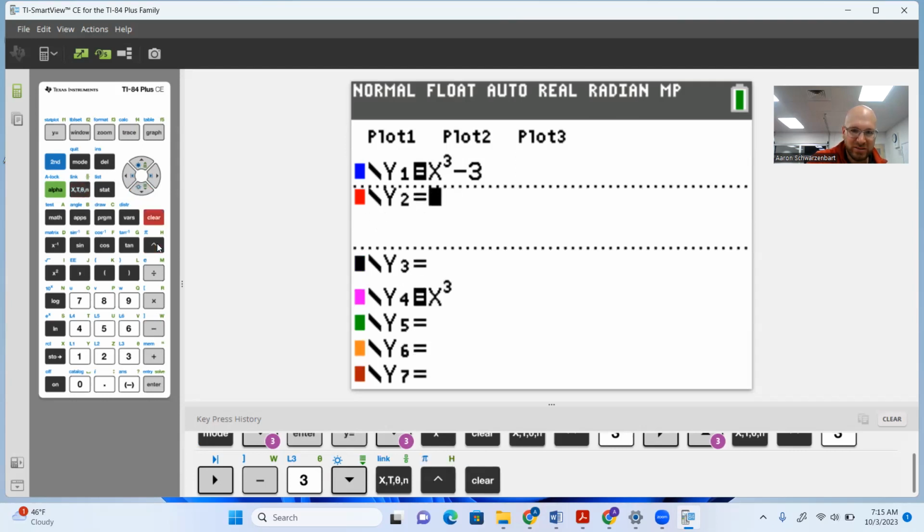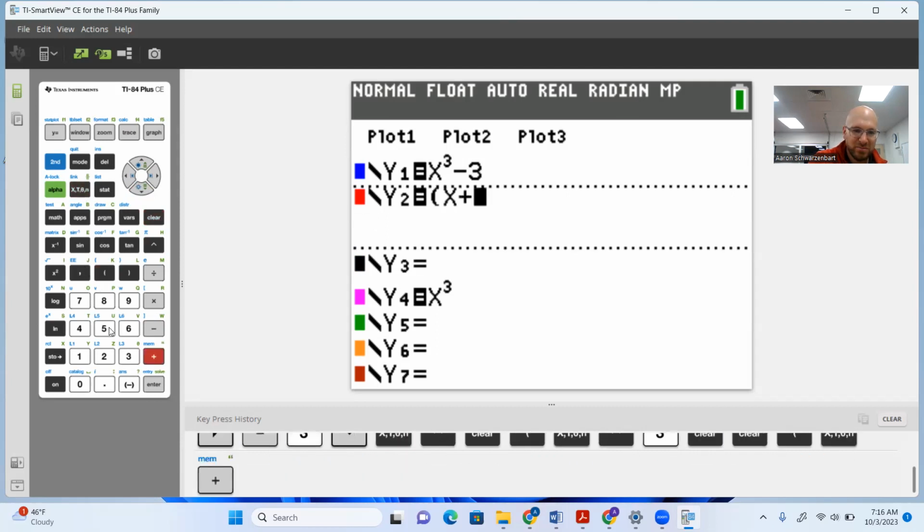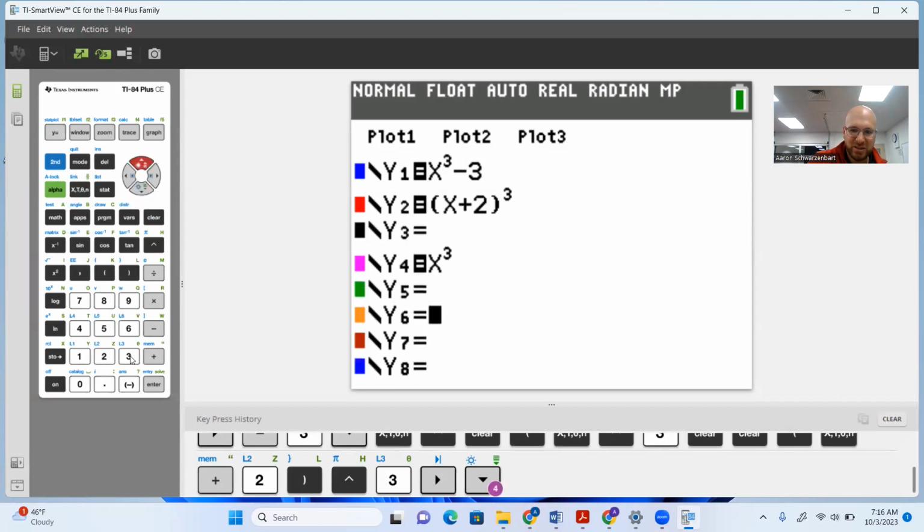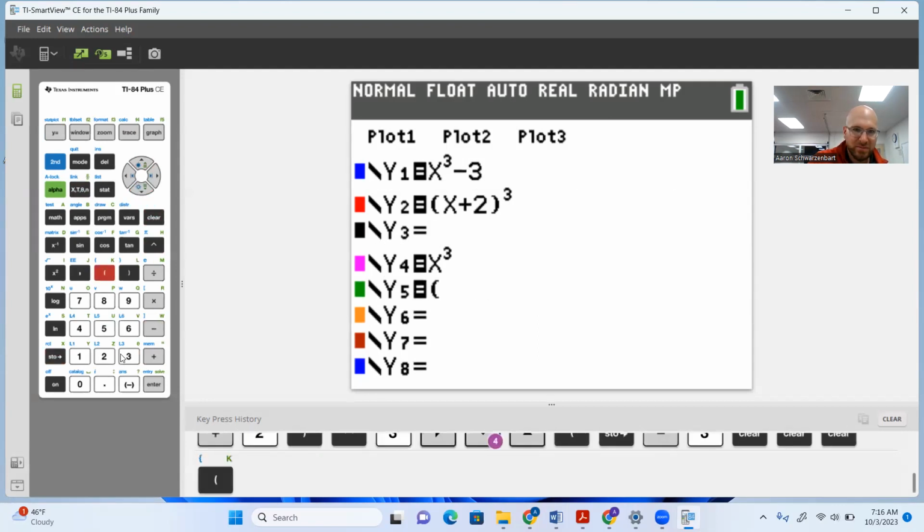Oh, nope, I need parentheses around this. Struggling to enter this one. This was x plus 2. My last one was green, which was x minus 3. I have to use the X button on the calculator, not on my keyboard.